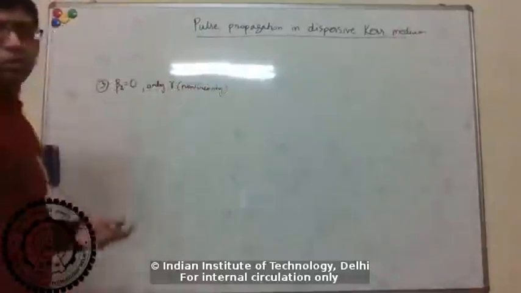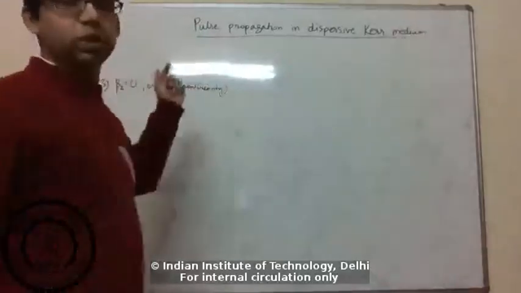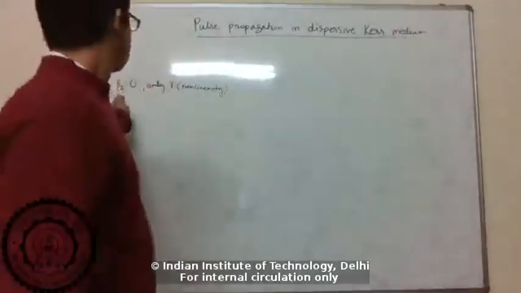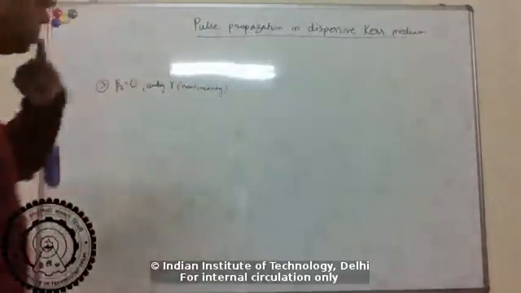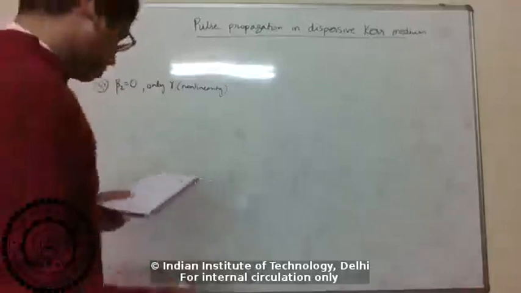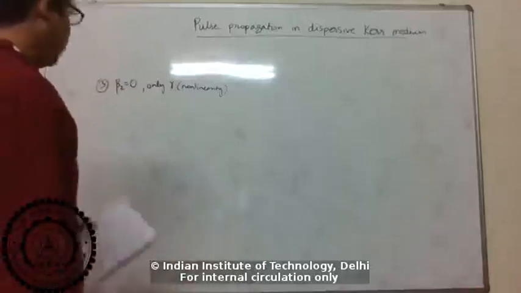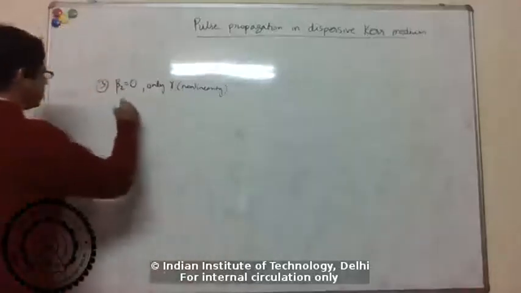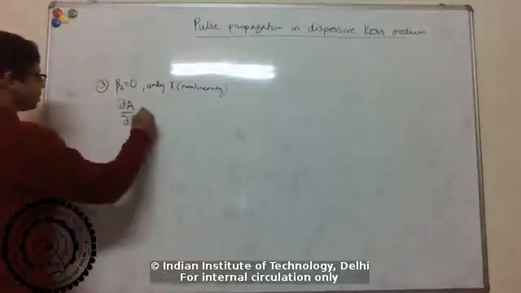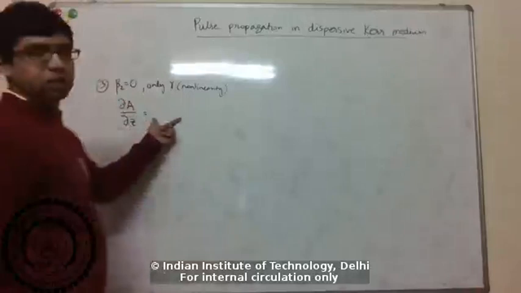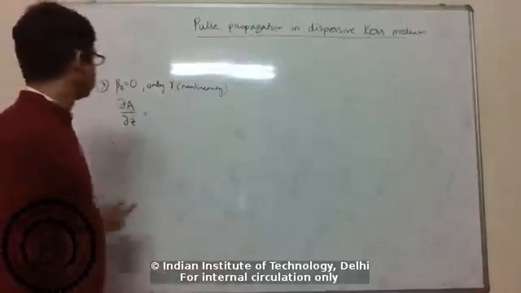So let's say we are operating close to the zero dispersion point or something, where we can neglect the dispersive term and only the nonlinear term contributes. Right. So again, if you go back to the equation, the NLSE, the first term, the dispersive term, we neglect.